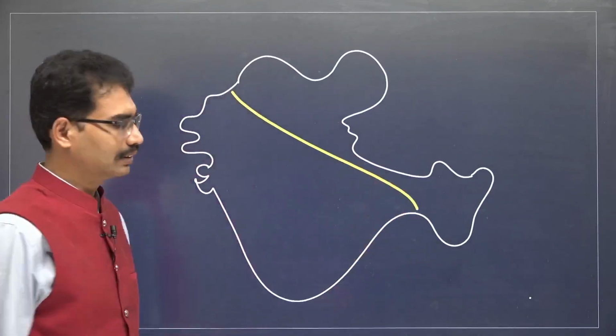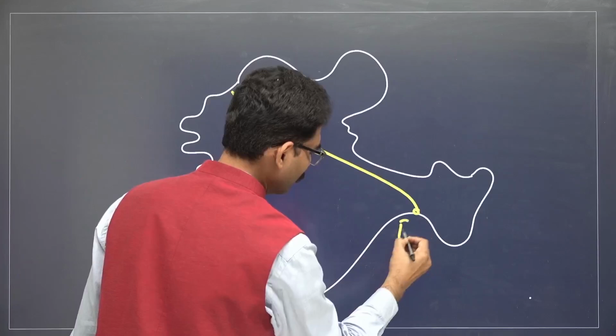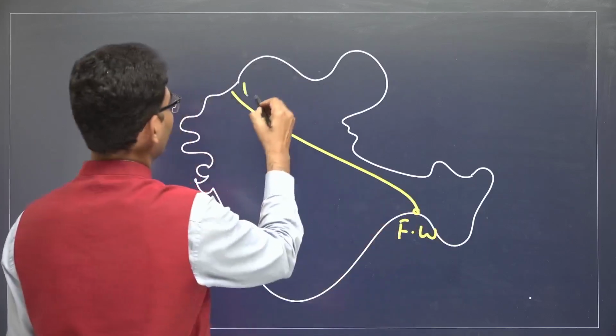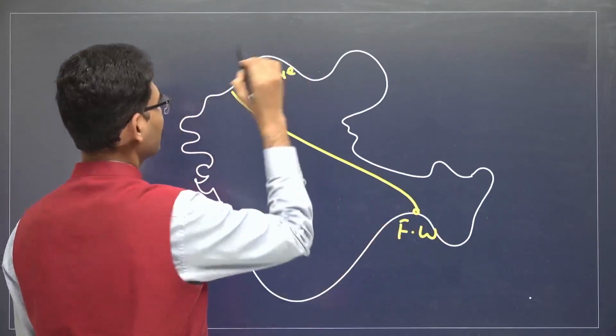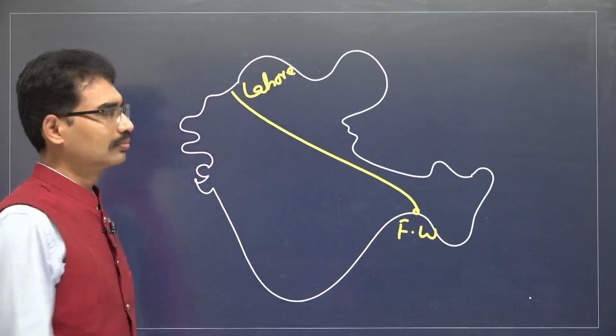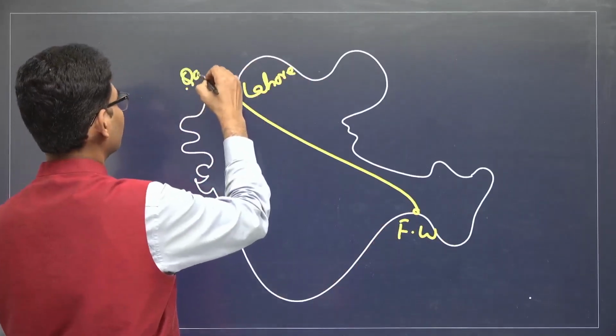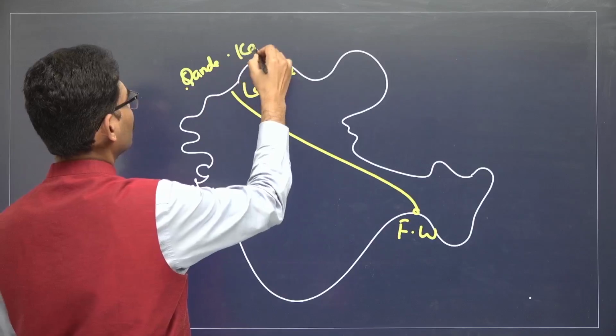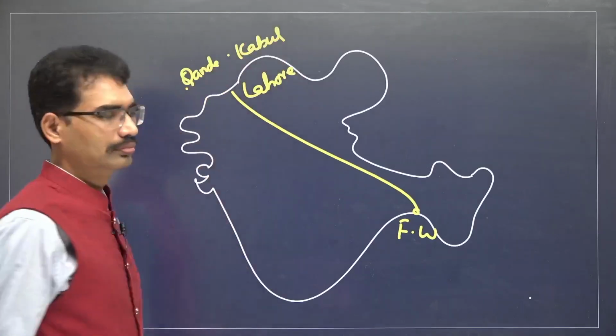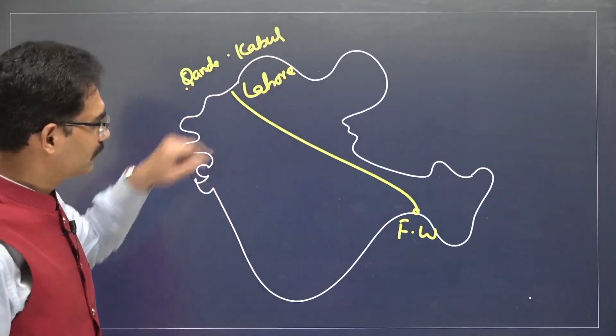they wanted to connect. This is the capital, Fort William, and this is the place where Lahore is, Kandahar, Kabul. Now what happened?